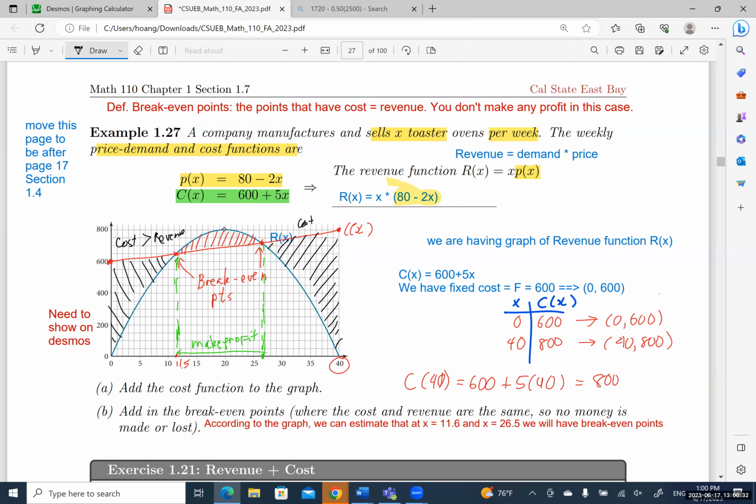Cost above revenues, so that makes a loss. So here, loss.